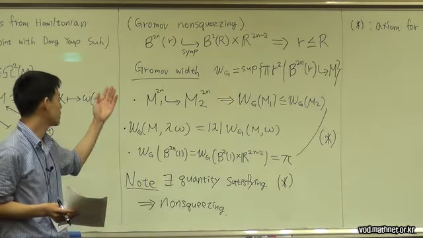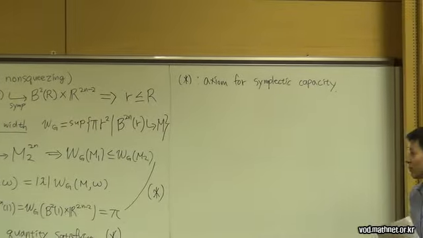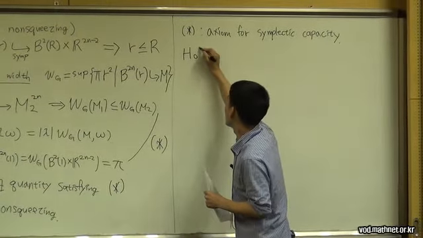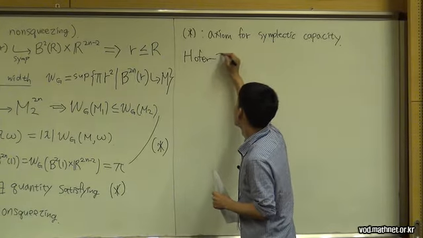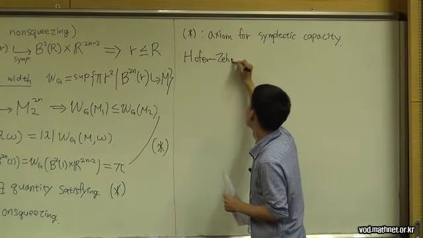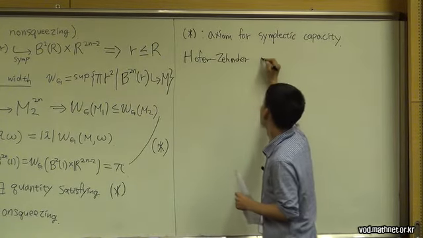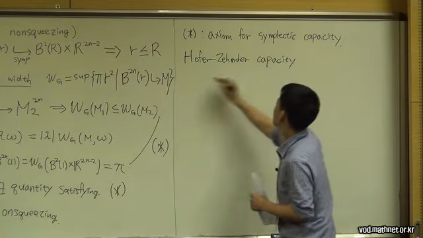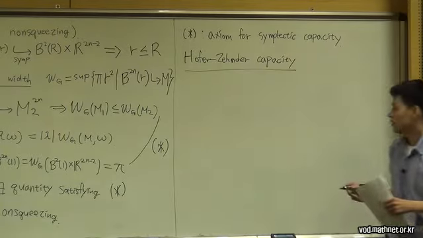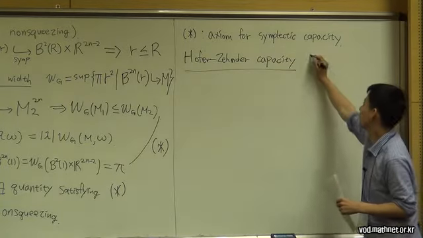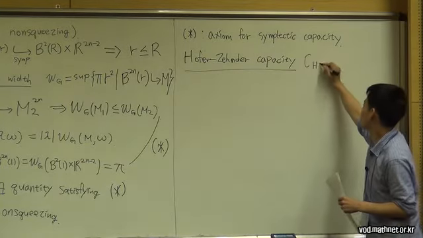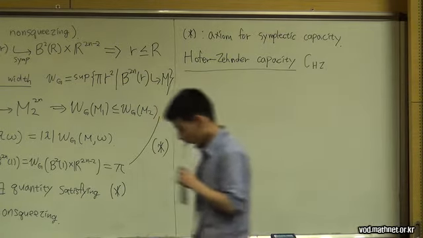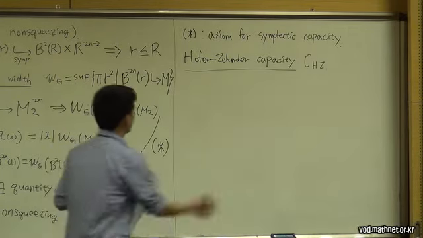Let me introduce one more symplectic capacity. This one is called the Hofer-Zehnder capacity, and this is denoted by CHZ.